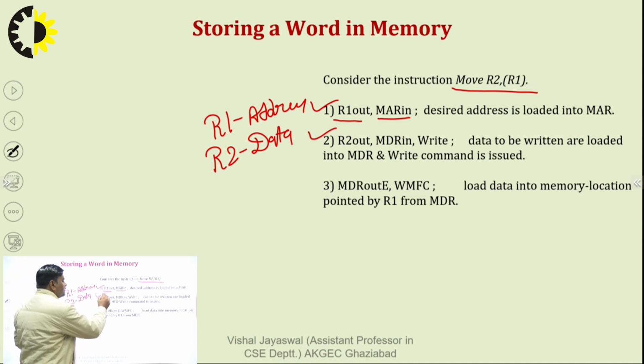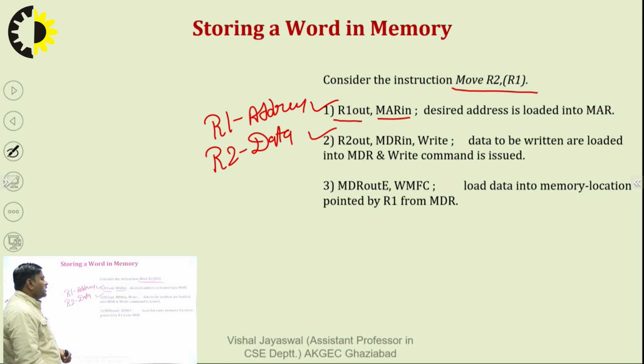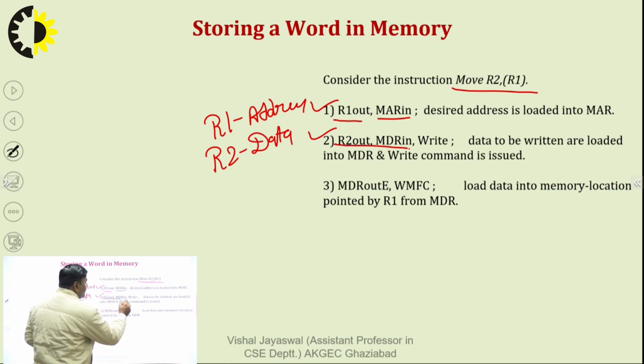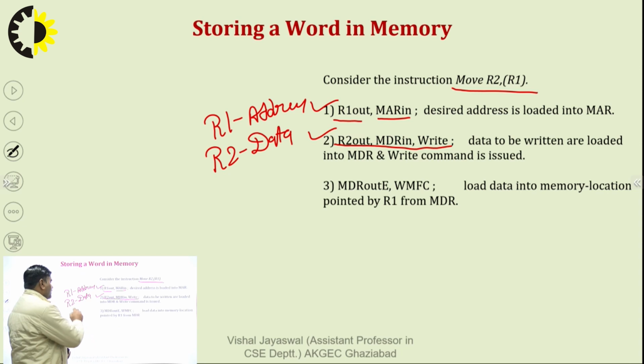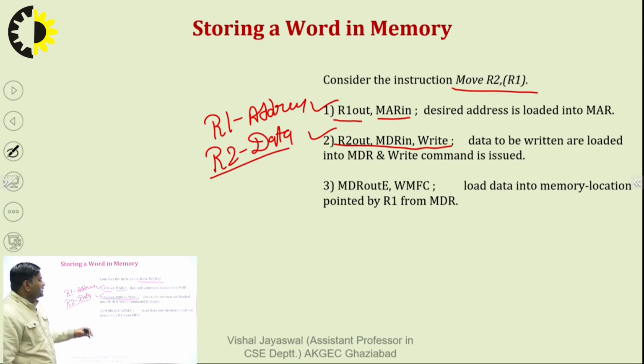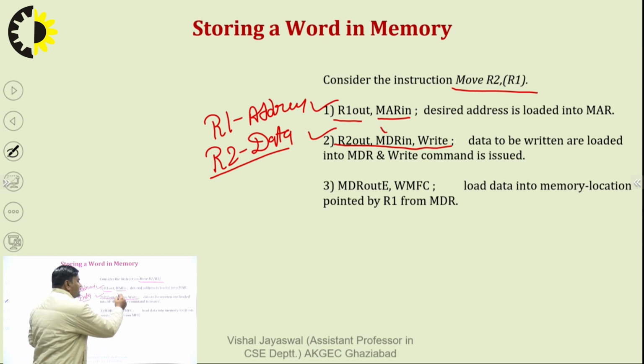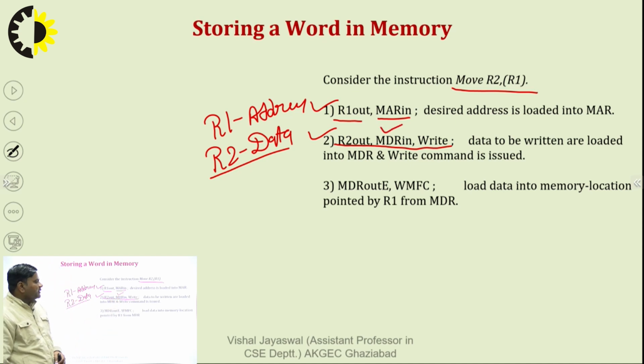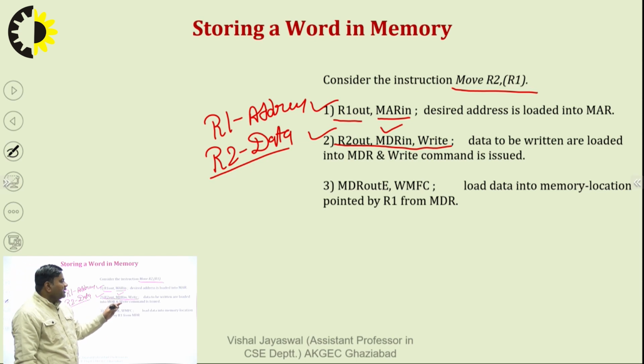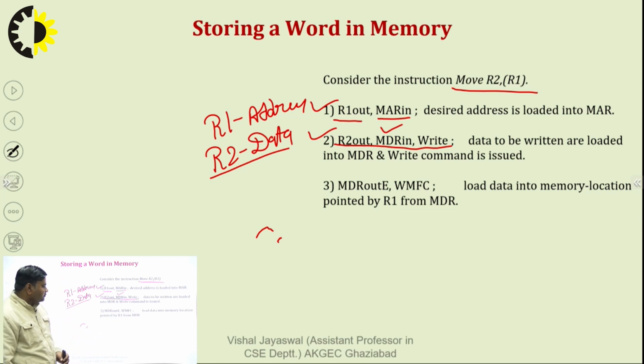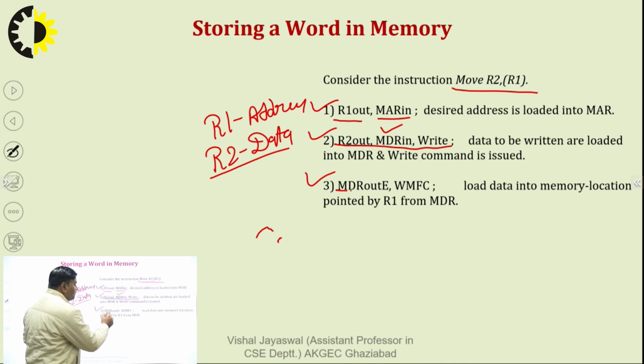Then the second step is R2 out, MDR in and write. The data is R2. R2 out means we place the content of R2 onto the internal processor bus. Then this is received in the MDR register, means memory data register, and we issue the write command to the main memory. And the third step is MDR out E, WMFC.